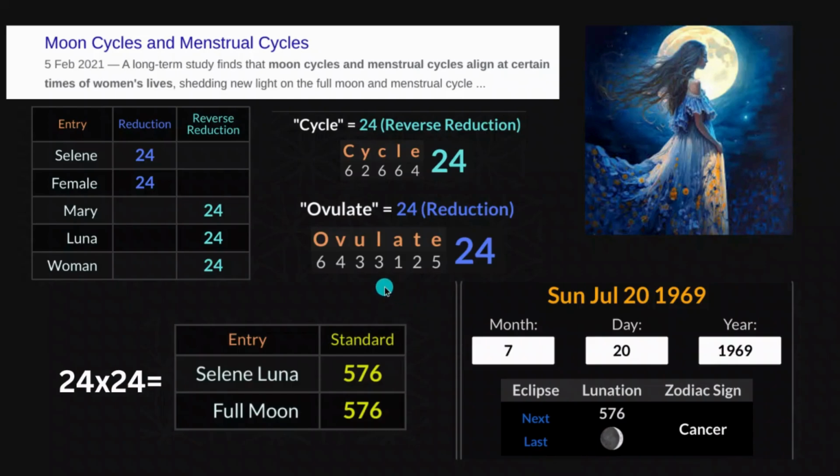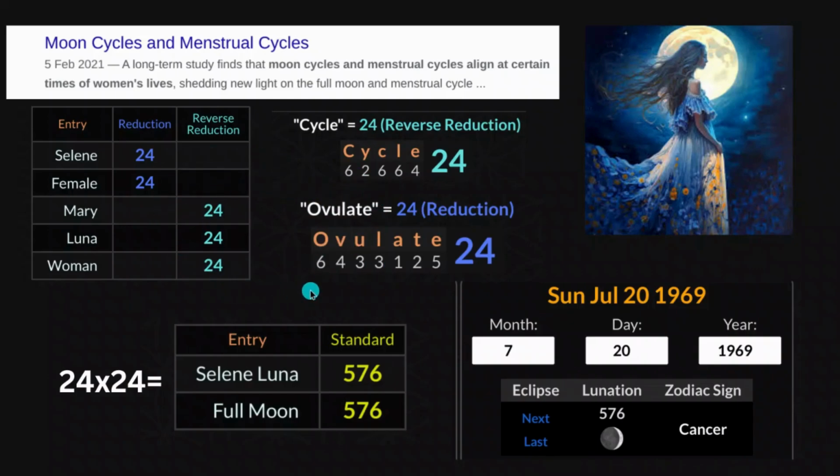We know how much Trump is connected to the moon. And we know how Trump is very famous for now beating two women in the elections, Hillary Clinton and now Kamala Harris. Okay. Well, Trump was in his 24th year of life during the moon landing. And again, I told you this was all about the number 24.